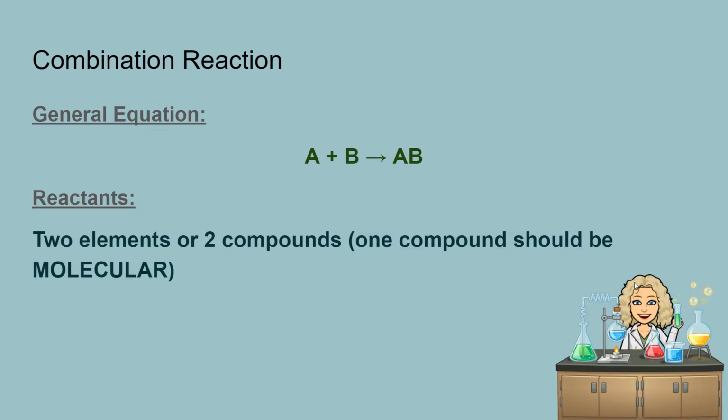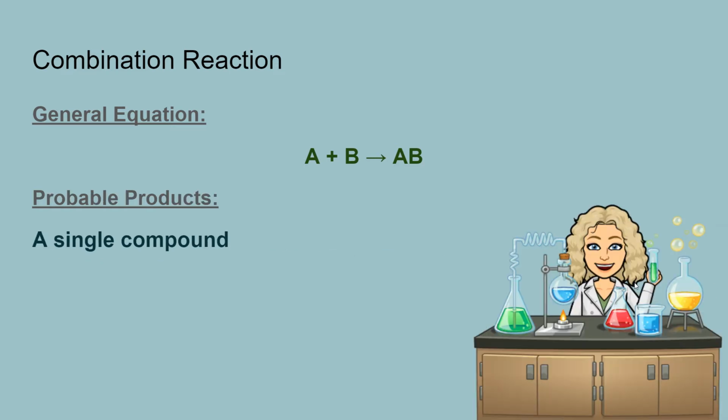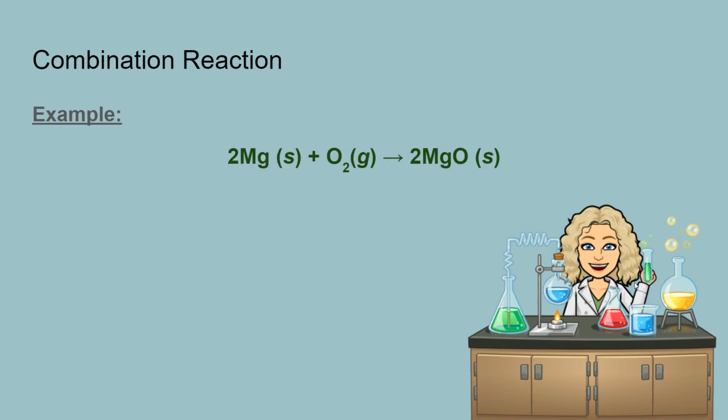Our reactants for combination reactions are going to be two elements or two compounds. One of the compounds should be molecular. The probable products in a combination reaction, you should have a single compound as your product. So one thing at the end of the arrow.